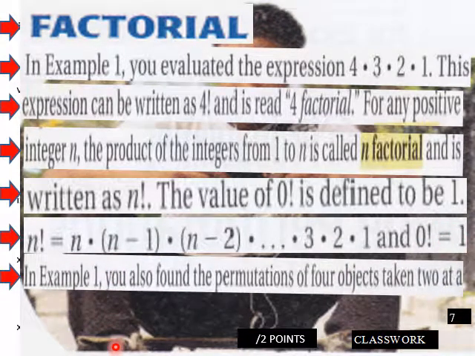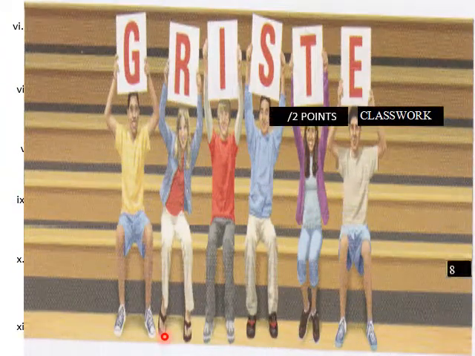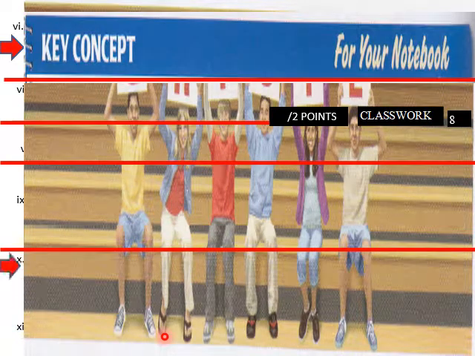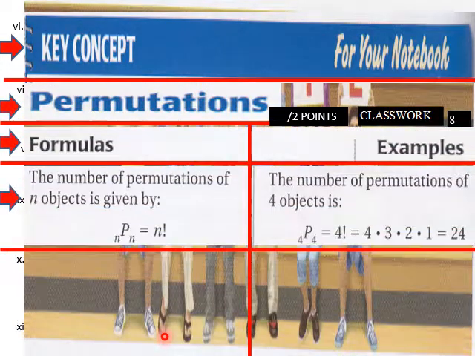In example 1, you also found the permutations of 4 objects taken 2 at a time. You can find a number of permutations using the formulas below. The number of permutations of n objects is given by nPn equals n factorial. The number of permutations of 4 objects would be 4P4.